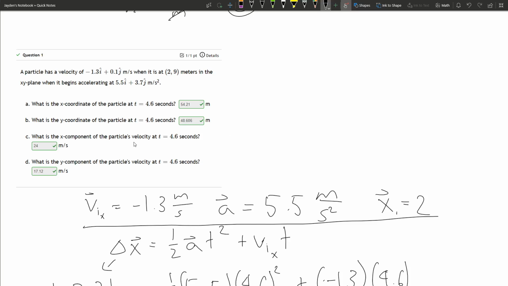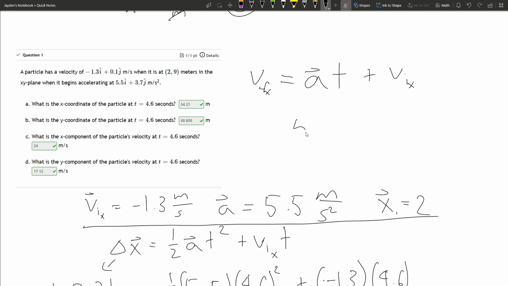So it's asking for the velocity at 4.6 seconds. So we're looking for a final velocity. So we know that final velocity equals acceleration times time plus initial velocity. This can be said in the x direction.